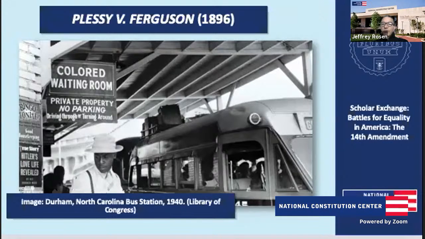But in view of the Constitution, in the eye of the law, there is in this country no superior, dominant, ruling class of citizens. There is no caste here, C-A-S-T-E. There is no caste here. Our Constitution is colorblind and neither knows nor tolerates classes among citizens. In respect of civil rights, all citizens are equal before the law.